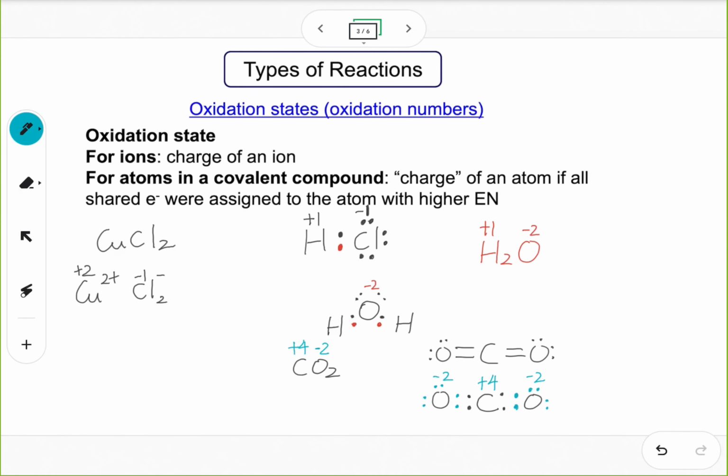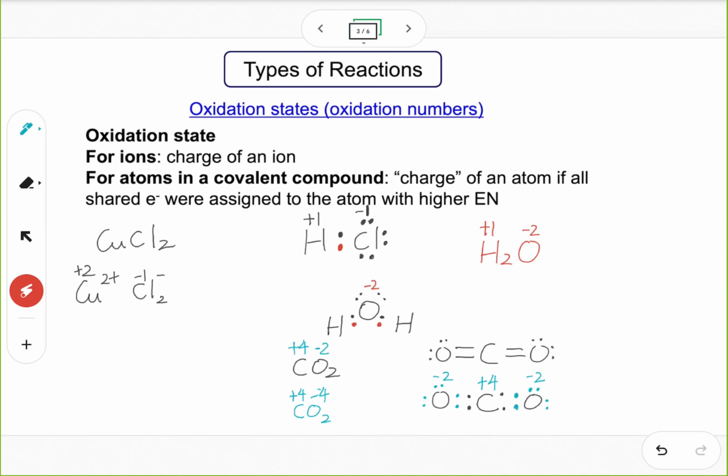One thing I want to remind you is that when we label the oxidation state, we are talking about the oxidation state of one atom. A common mistake, I'll write it here, is labeling it as -4 on top of oxygen. This is not correct.